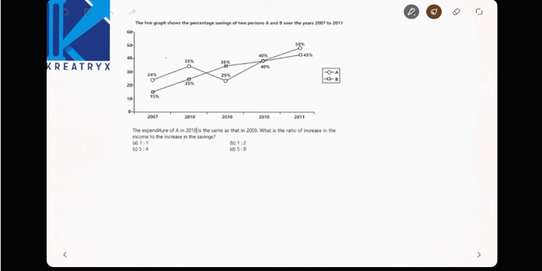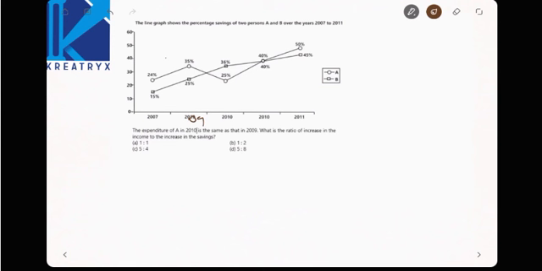Next one, the expenditure of A in 2010 is same as that in 2009, it seems. Then what is the ratio of increase in income to increase in savings?